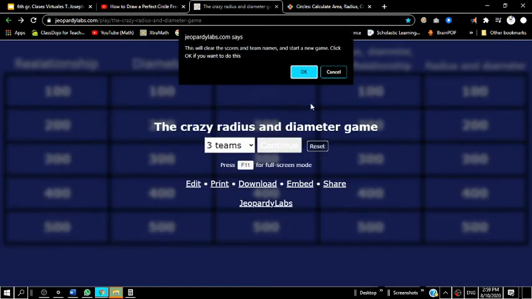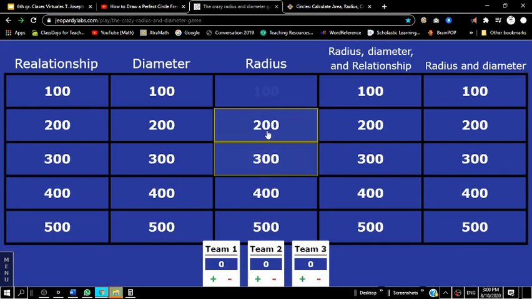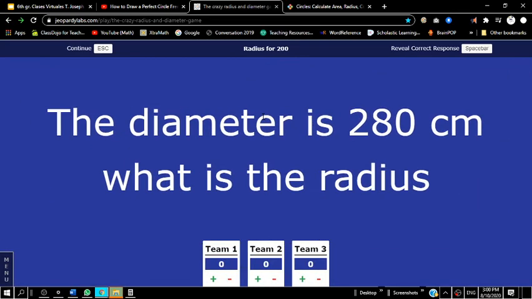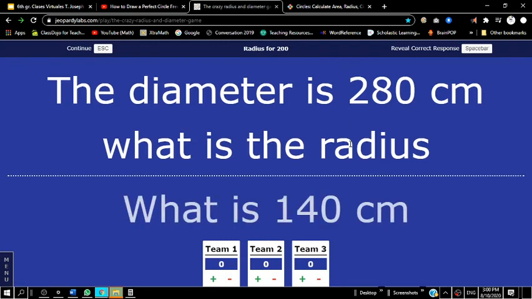Okay, number 2. The diameter is 280 centimeters. What is the radius? Well, diameter is the larger end, so we need to divide 280 by 2, which would be 140. We got it. Good. Let's just say team 1 got that one.